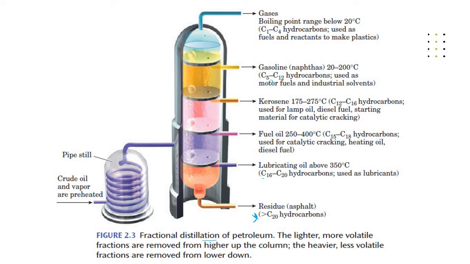They separate, and the gas form is taken from the top, while the heavier ones become solid, like asphalt. Some are closer to liquid, and this one is closer to gas form. So that is the separation by fractional distillation of petroleum.